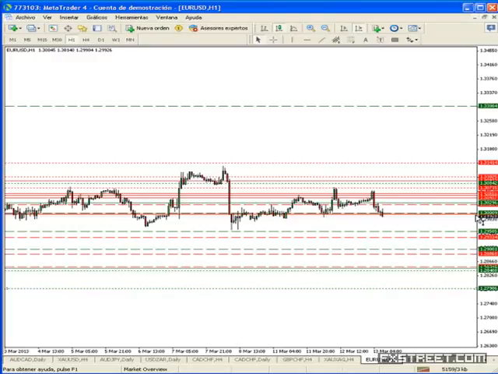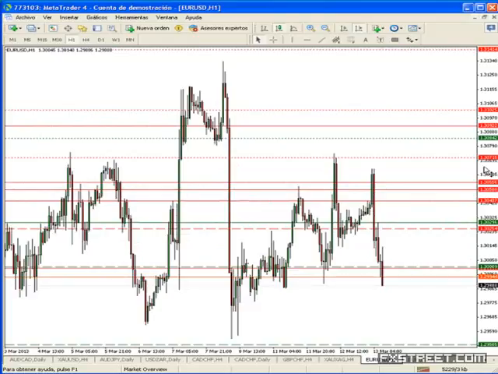So you should see now a price chart. Here I've introduced lines that correspond to the positions we saw in the euro-dollar table. It's a bit confusing in the beginning.